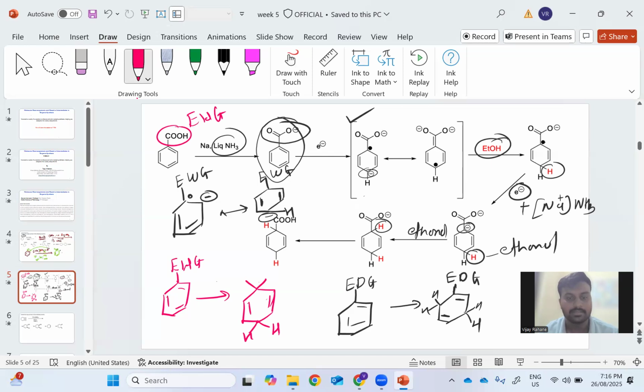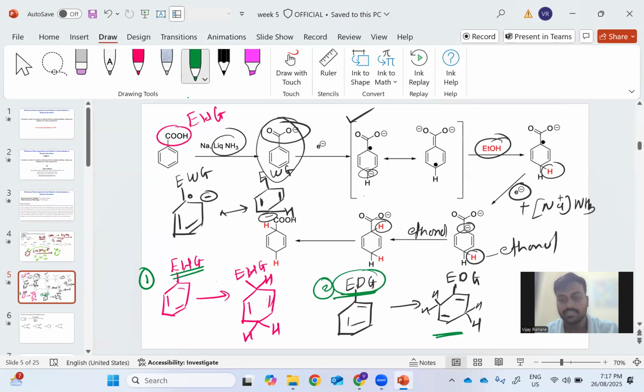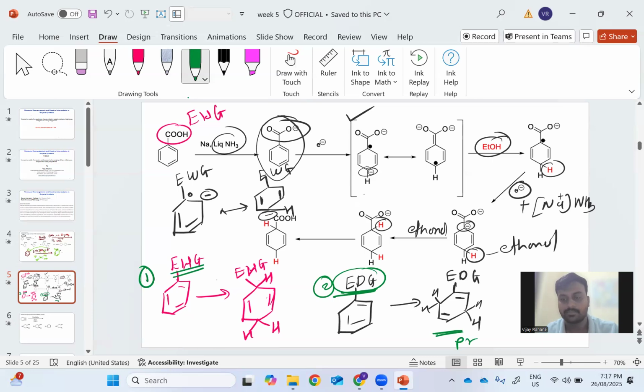And here is a proton, and here there is an electron withdrawing group. So you can just remember: when you have the first case, the electron withdrawing group, the product will be in this manner. And when there is the second case, an electron donating group, the product will be like this. And this is the starting material.